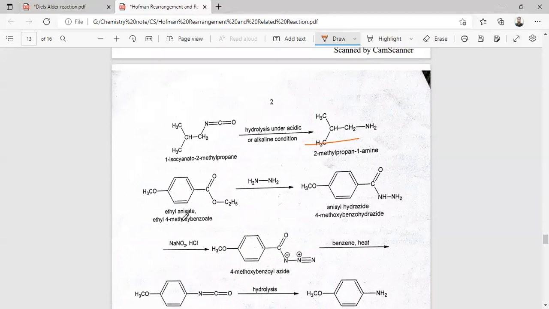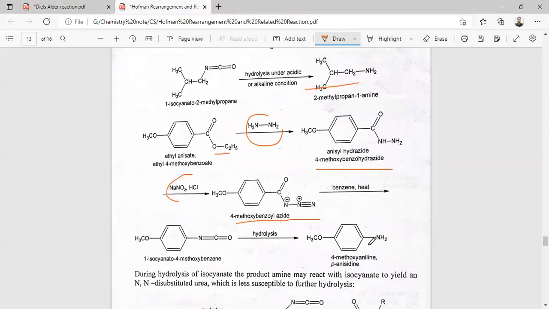Again, this ester reacts with hydrazine to form this one. Then it reacts with NaNO2, HCl to form the acyl azide, which in benzene with heat forms the isocyanate intermediate.